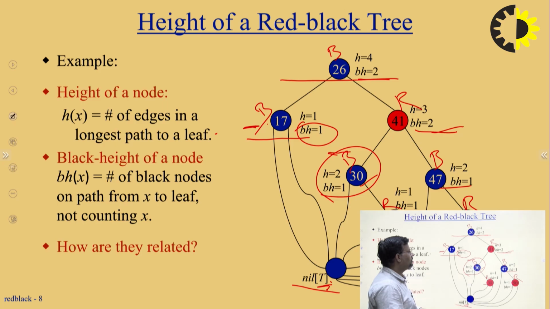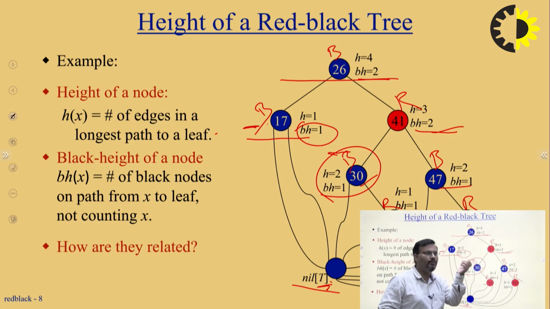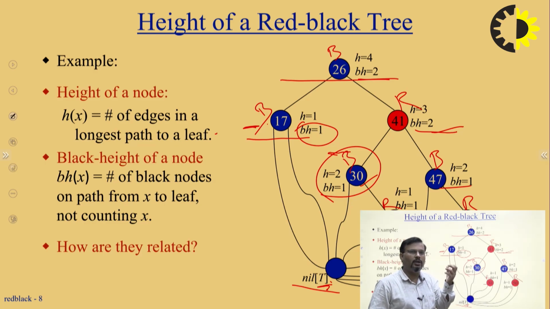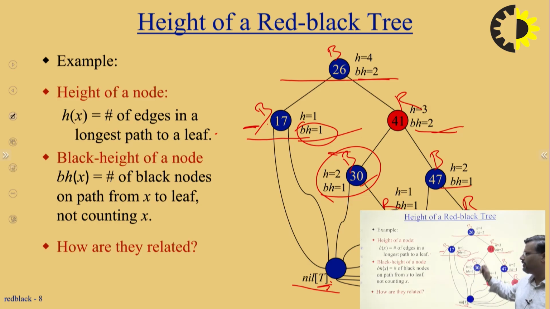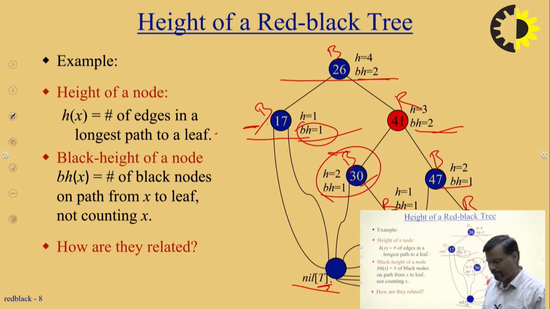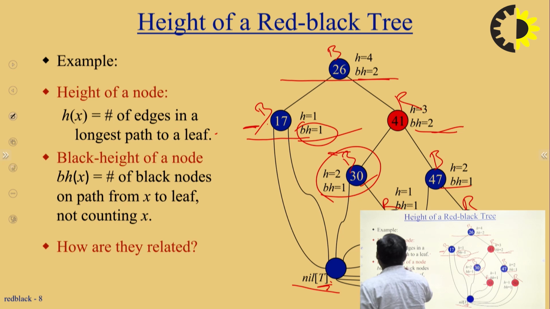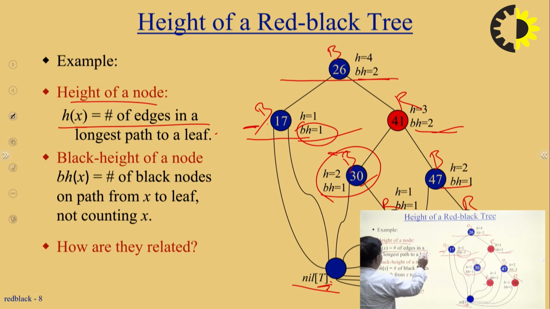Means the node from which you are taking the black height, you do not consider that node's own color. You consider the number of black nodes except that node. The number of black nodes is called the black height of a particular node. Okay. So here the height of a node x is the number of edges in the longest path to a leaf.